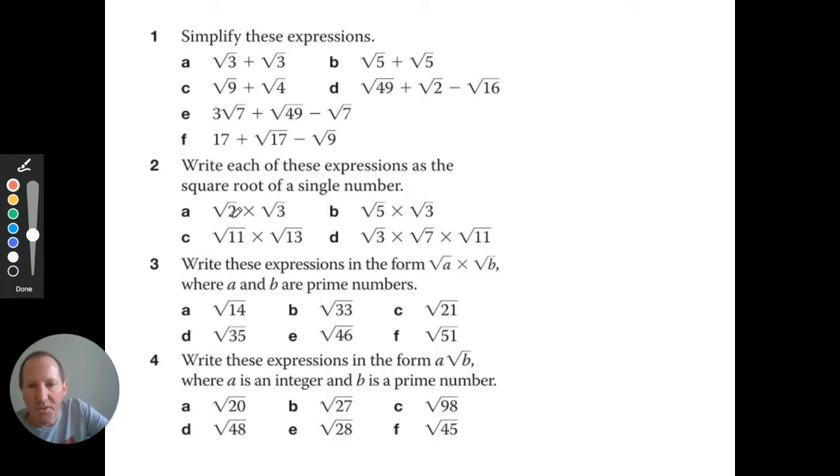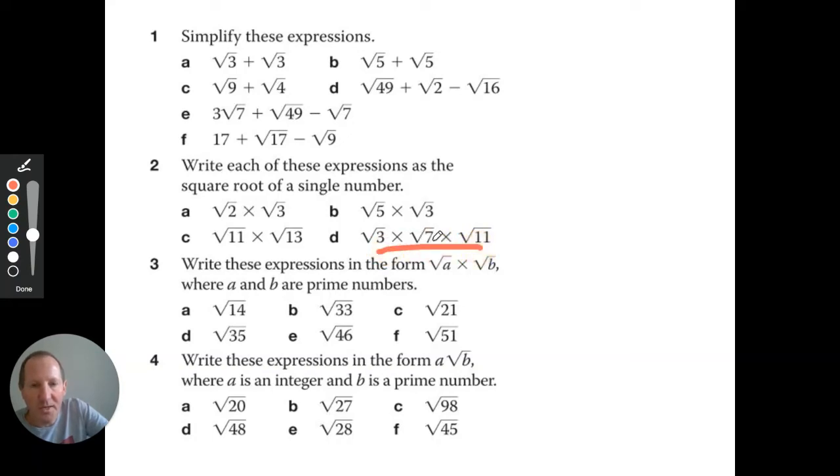Okay, moving on to 2. Remember, this is a multiplication sign here, so I can put these together. So this will be written as root 6, because 2 times 3 is 6. This one would be root 15, because I've got 5 times 3. This one, although you've got 3 numbers, it's the same again.